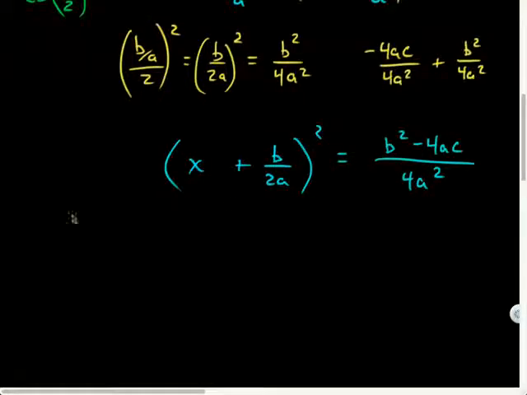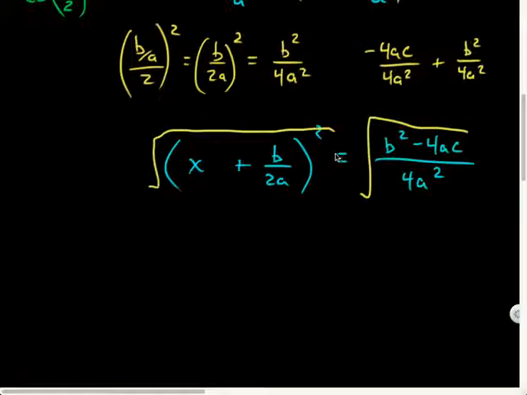What do I do now, friends? Root both sides. Plus or minus. On the left-hand side, I'll get plain old x plus b over 2a equals plus or minus. Let's see this numerator. Can I cancel the square with the square?